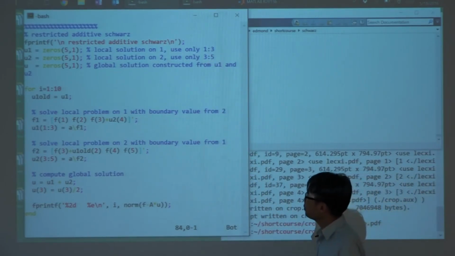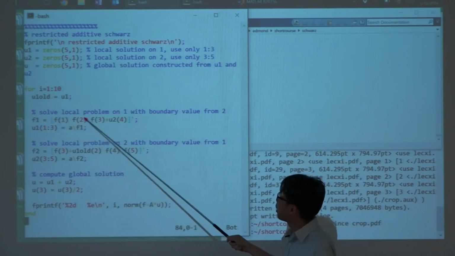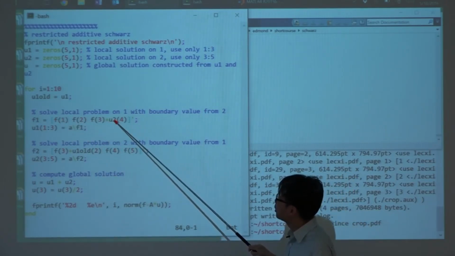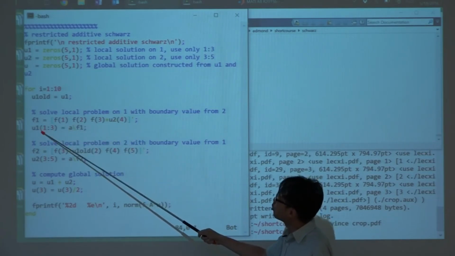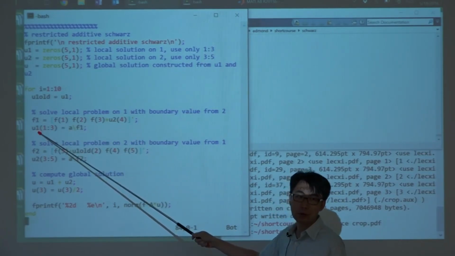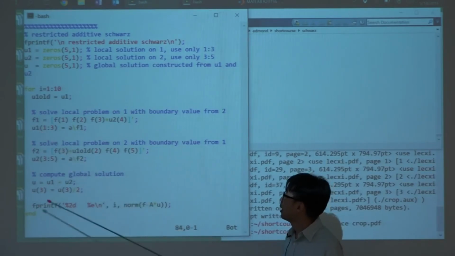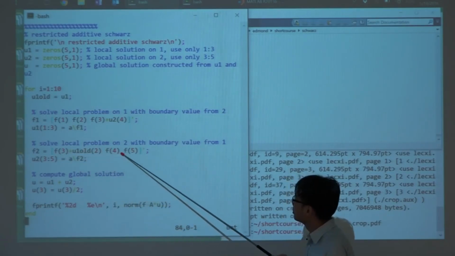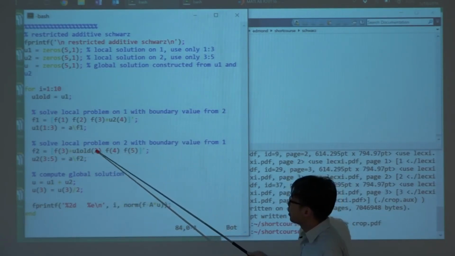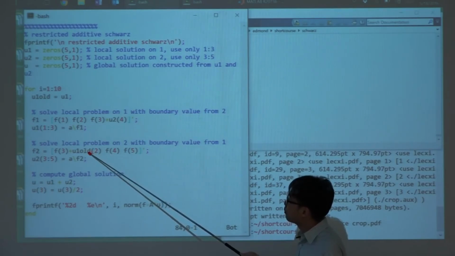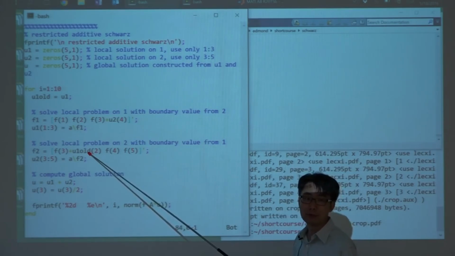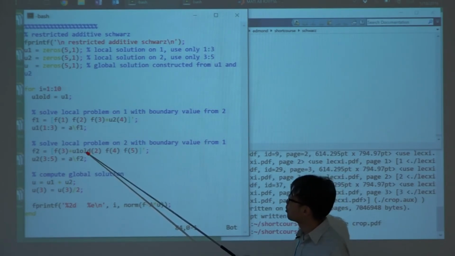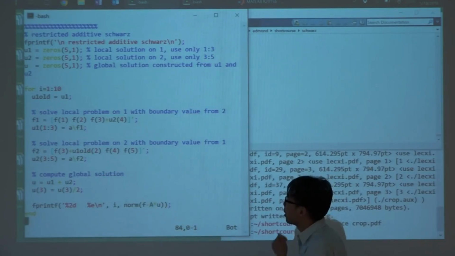So here I'm going to solve the first problem. This was exactly the same as before. But instead of writing the solution back to the global U, I'm just going to store it locally. And here is the second subproblem. But instead of the updated value of U1, I'm going to use an old value of U1. So this comes from the other subdomain.